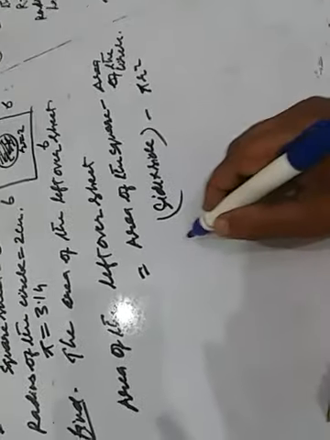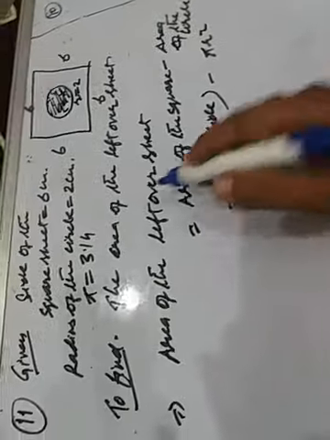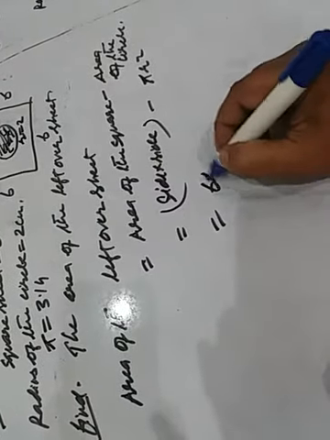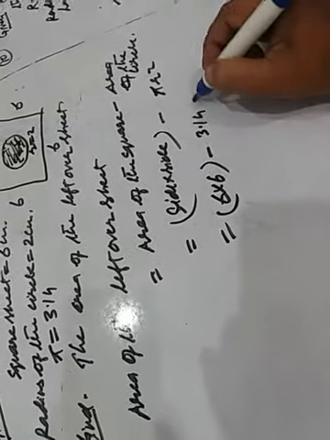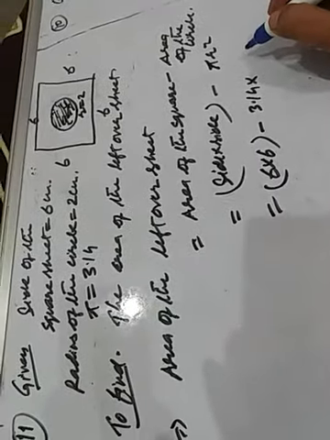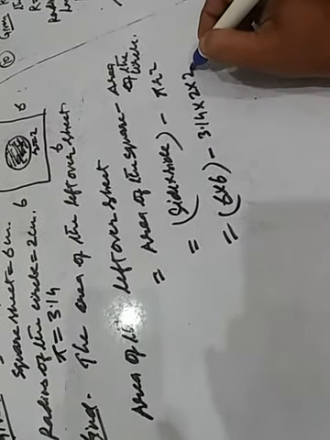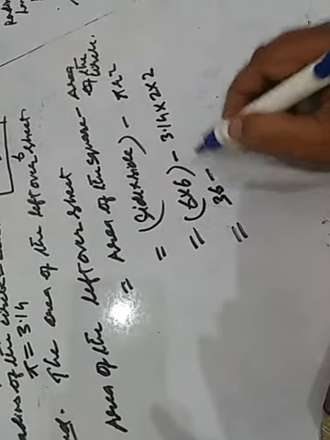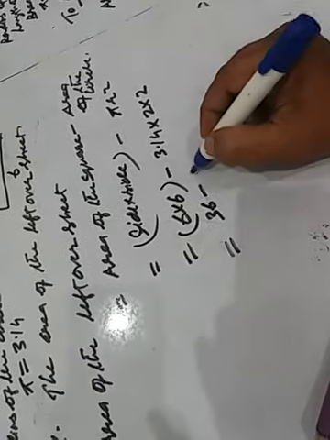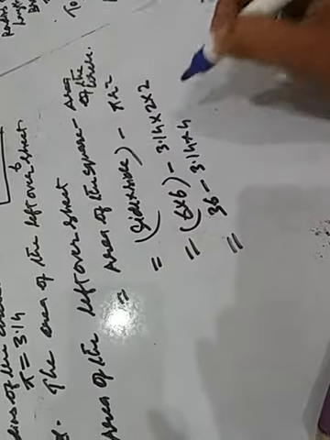Okay, children. So put the values. Side into side, side is given to be 6, that is 6 multiplied by 6, minus pi is given to be 3.14 into r is given to be 2 cm, that is 2 multiplied by 2. Now solve it out. 6 6s are 36 minus 2 2s are 4, this is 3.14 multiplied by 4.